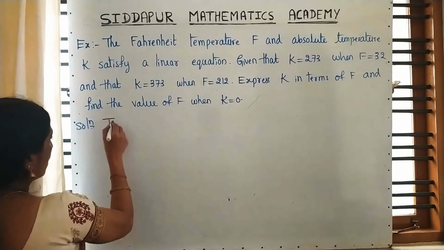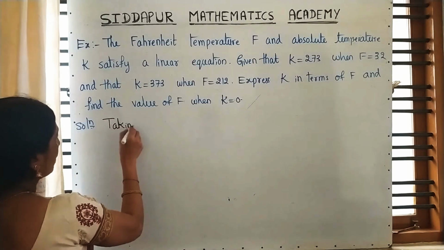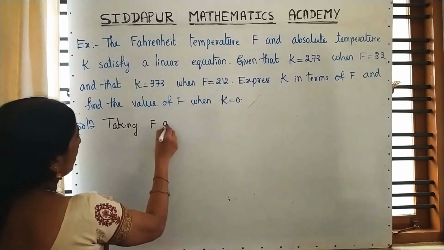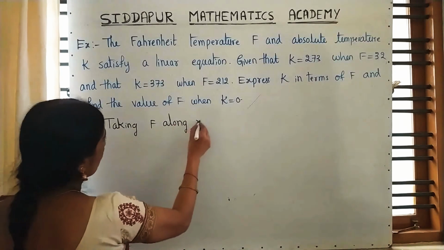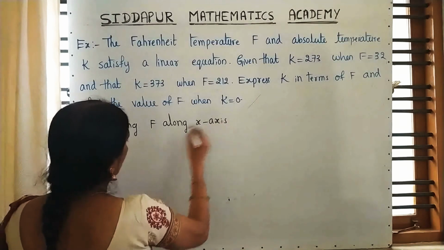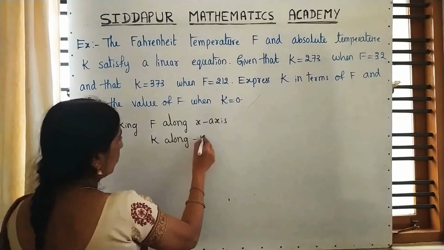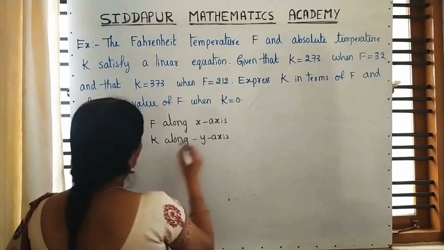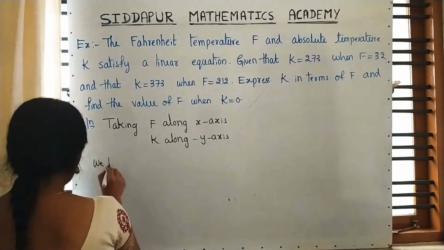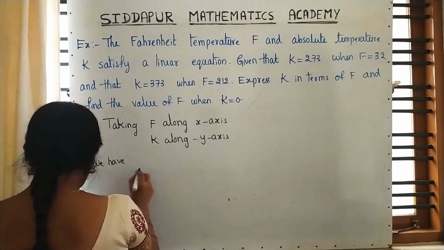First, taking F along x-axis and K along y-axis. We have 2 points.